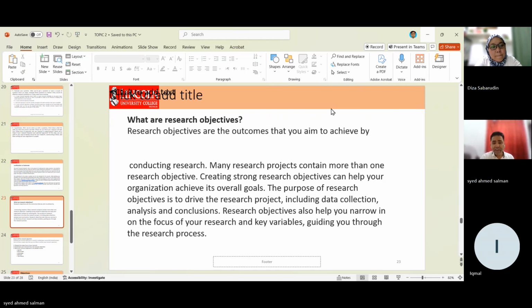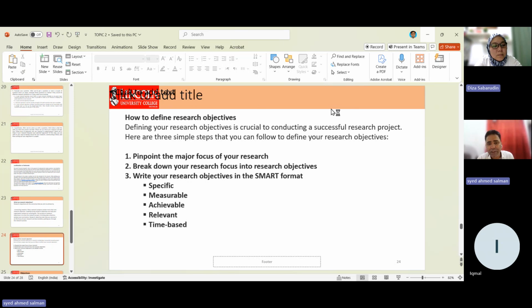Creating strong research objectives can help your organization achieve its overall goals. Definitely, whatever objectives you are creating should be based on the research question and the problem statement. Now, these things are very important, please listen very carefully.